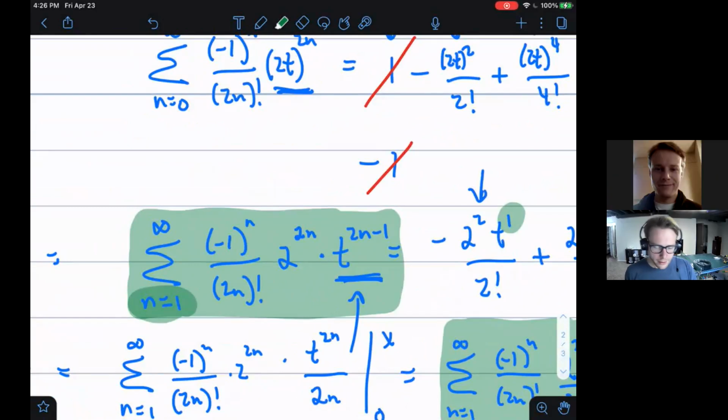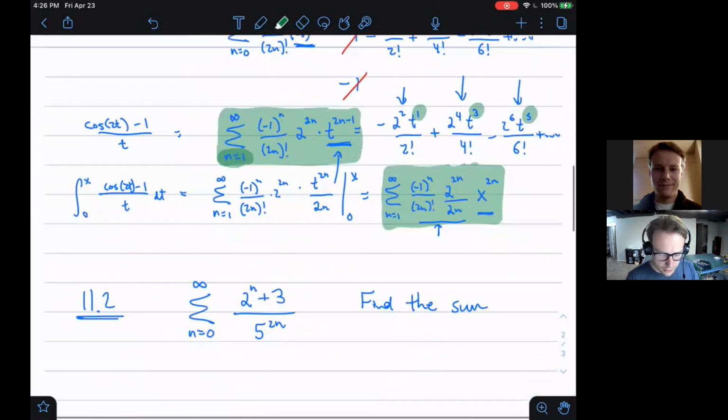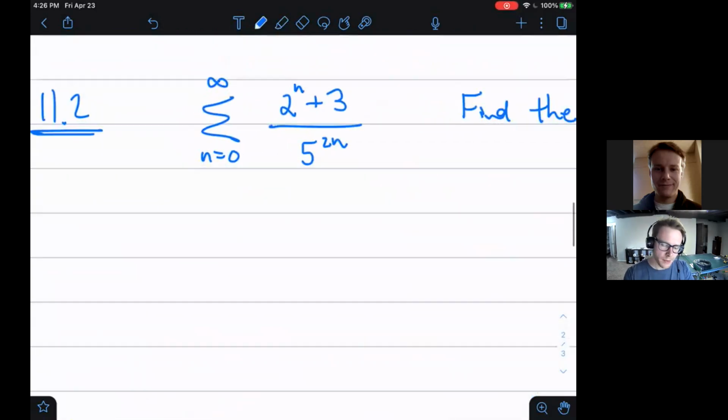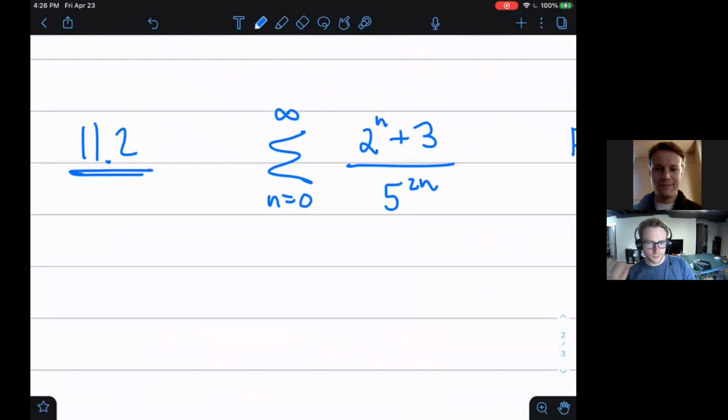Okay, excellent. Let's take a look at the next one here. So another chapter 11 style question: find the sum of this. Remember, there's only a handful of situations where we can actually say what an infinite series converges to. The first time we saw this was in 11.2 with geometric series.